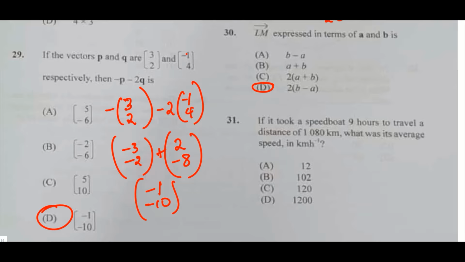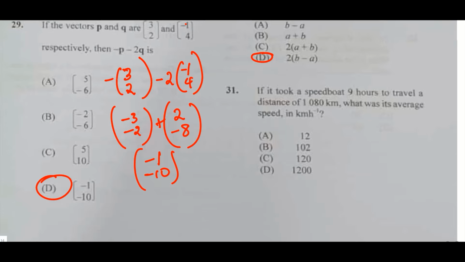Number 31. If it took a speedboat 9 hours to travel a distance of 1080 kilometers, what is the average speed in kilometers per hour? So we have no conversion to do here because we have hours and we have kilometers, so that's kilometers per hour. And we know that speed is equal to distance over time.